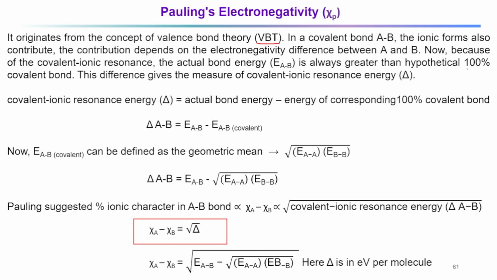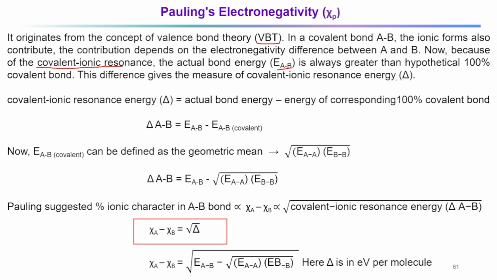As I mentioned, if there is a bond between two atoms A and B, the bond has some portion of covalent bond and some portion of ionic bond. That is called covalent ionic resonance. Some part comes from the covalent bond, some part from the ionic contribution. That's why, because of the presence of this ionic nature, the actual bond energy, which is EAB, is always greater than the hypothetical 100% covalent bond. This difference gives the measure of covalent ionic resonance energy.